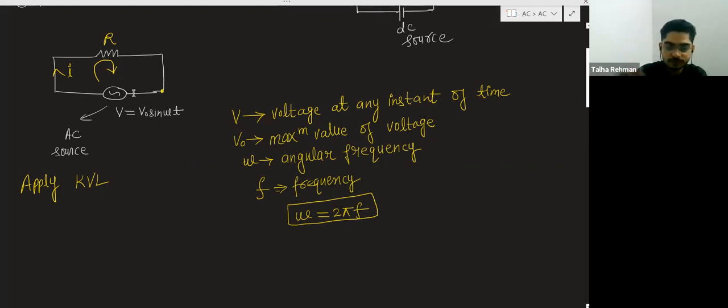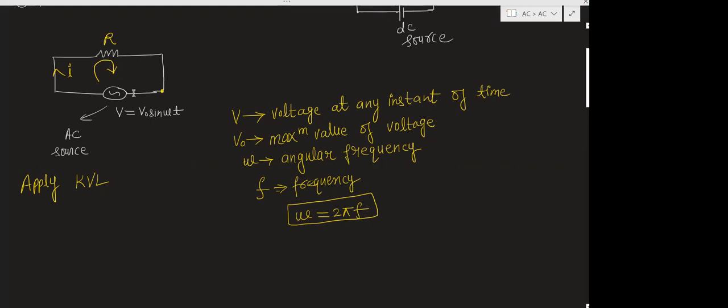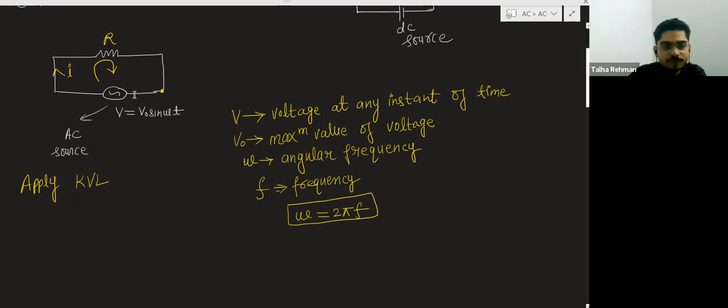So suppose you are moving from this end at any instant of time. Suppose this end is positive and this end is negative. I don't know right now, I am just supposing that at any instant of time this end is positive and this end is negative. So you will move from here to here to apply KVL.